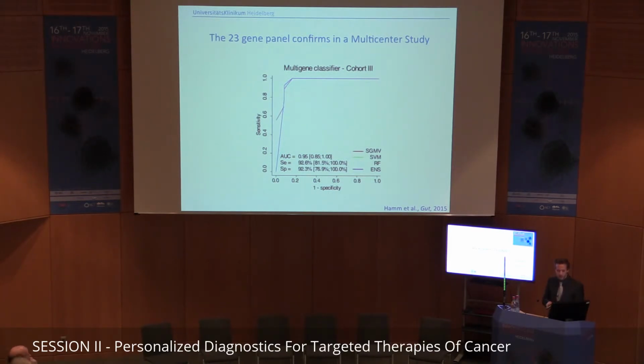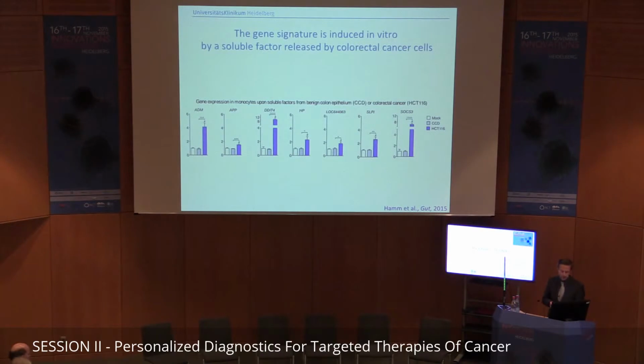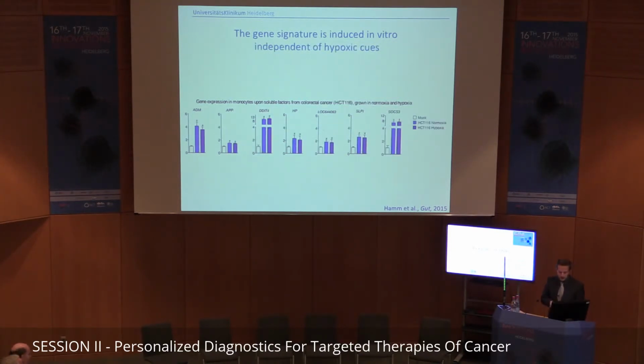In wondering what led to these expression changes, we established an in vitro culture model where we were able to show for a subset of 7 out of these genes, differential expression in vitro that was specifically induced by soluble factors released from the transformed colon epithelium, as the expression of these genes was not altered in vitro by a benign colonic epithelial cell line, but solely by a malignant colon cell line.